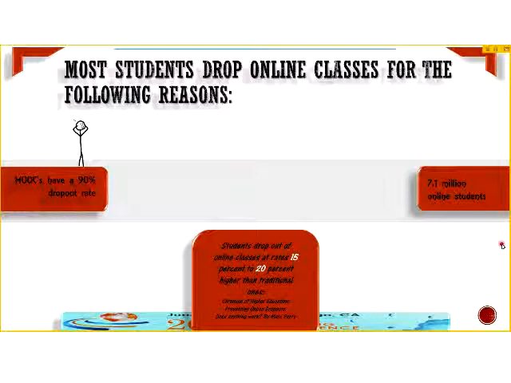There are now 7.1 million online students, and that was just last year. With the way that online is growing, that number is coming way up. Now, the other part to this is that students drop out of online classes 15 to 20% more than they do in face-to-face classes. Now, what does this mean?